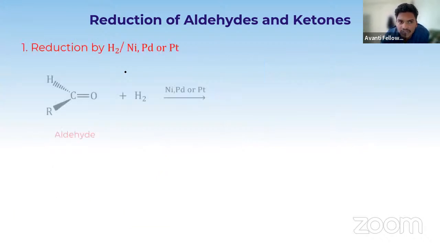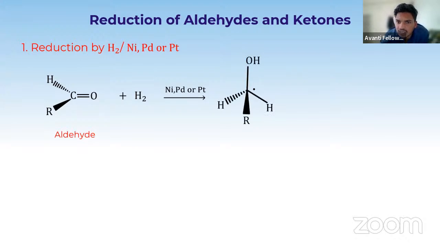Now the first one, reduction by H2. If you see, you are going to get a chiral carbon here, and nickel, platinum, palladium are used as catalysts.